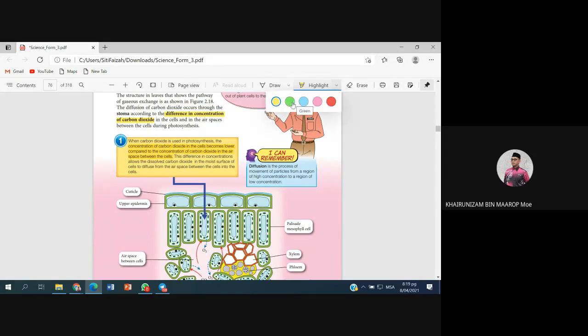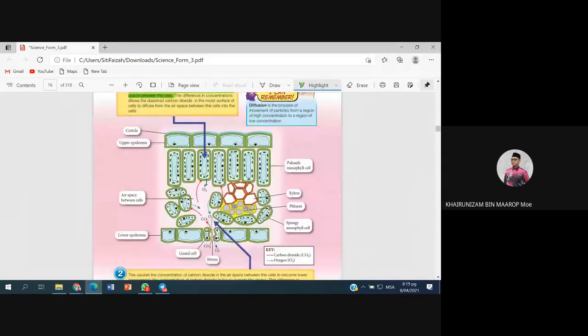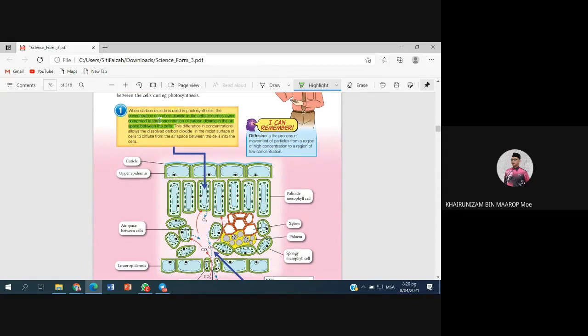If you look at this cell, when the carbon dioxide is absorbed into the leaf and diffuses to the cell, the concentration of carbon dioxide in the cell becomes lower compared to the concentration of carbon dioxide in the space between the cells here.